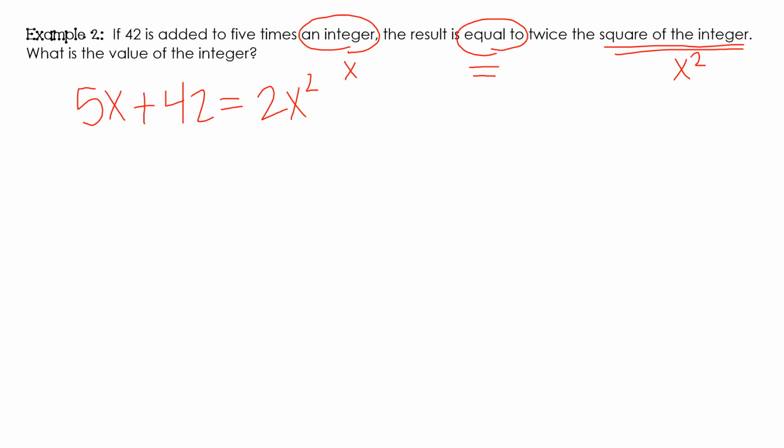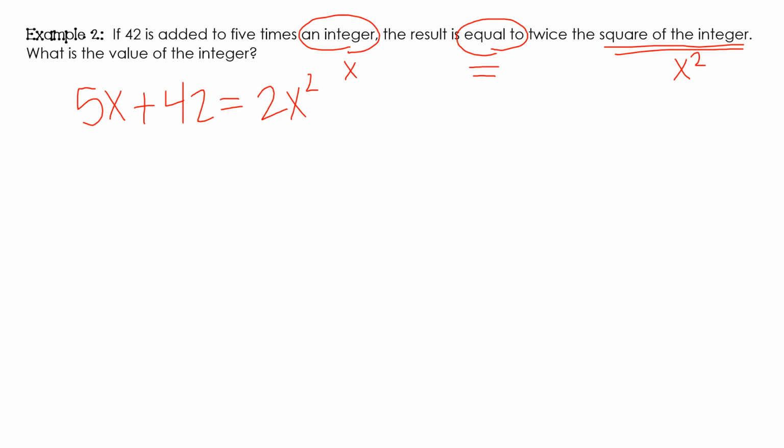Step number 2, I need to get this into standard form. So I need it to equal 0. You can choose to either move the 2x squared to the left or move the 5x and the 42 to the right. Both are the same amount of work because you're just rewriting all 3 terms regardless.